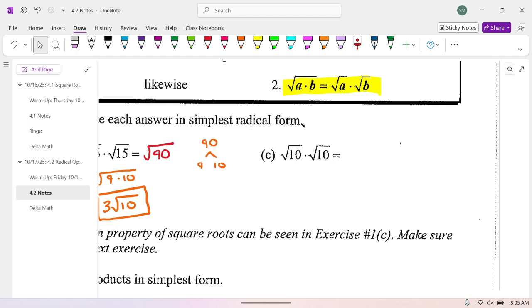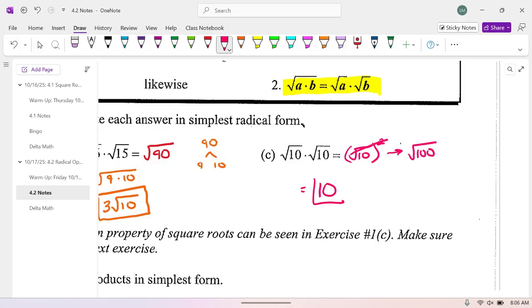So, in other words, how could I rewrite this besides square root of 100? The square root of 10 squared. Yep. So I can rewrite this as the square root of 10 squared, or we could write it as the square root of 100, whatever floats your boat. But with the square root of 10 squared, what's going to happen? It goes bye-bye. So what are we left with?